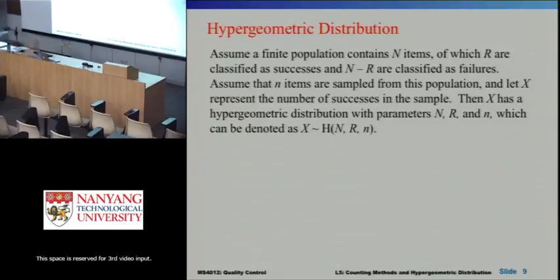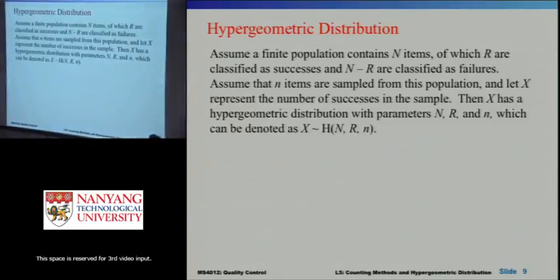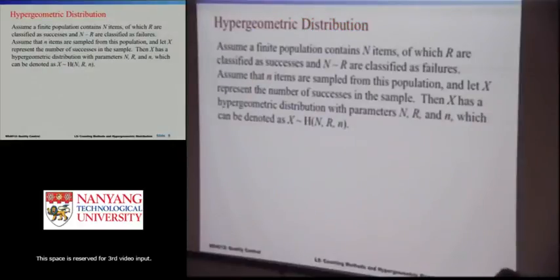R items are classified as a success, and N minus R are classified as a failure. So basically, R is the number of my cell phones.